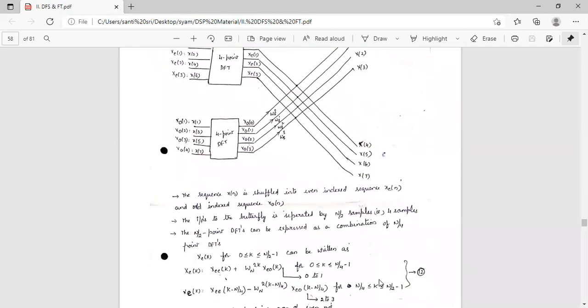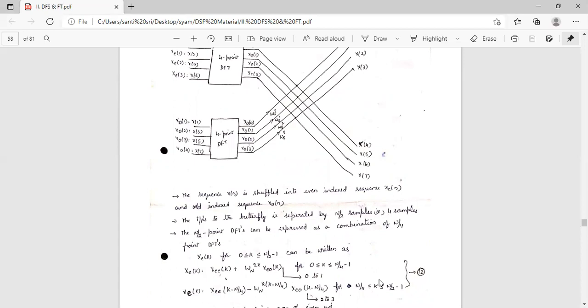So the sequence x of n is shuffled into even indexed sequence xe of n and odd indexed sequence xo of n. First of all, if it is 8-point DFT, it can be shuffled into two 4-point DFTs. If it is 4-point DFT, it can be shuffled into two 2-point DFTs. Okay. The inputs to the butterfly are separated by n by 2 samples, that is 4 samples.